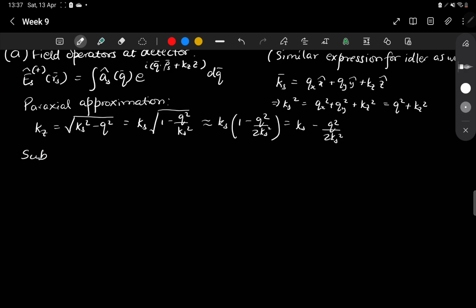Now substituting the expression for kz in the following.